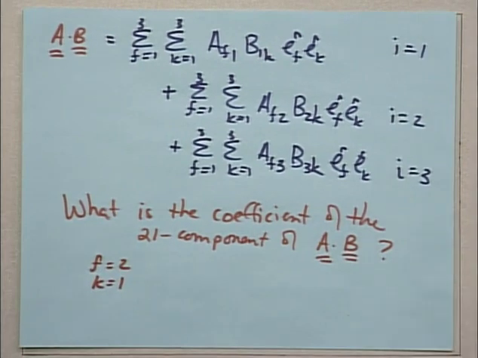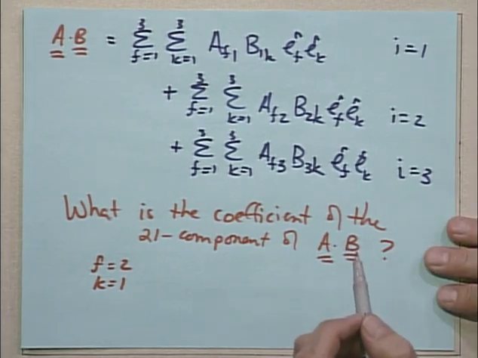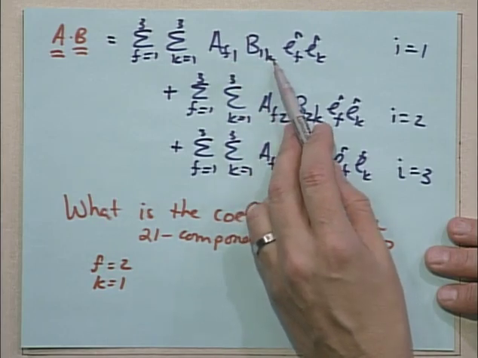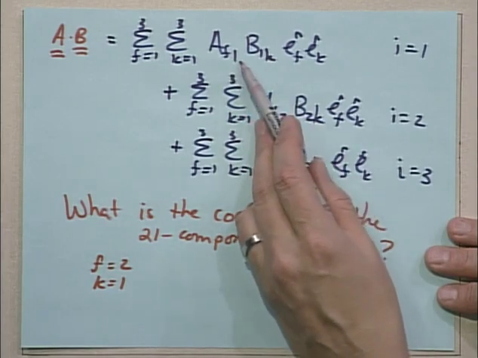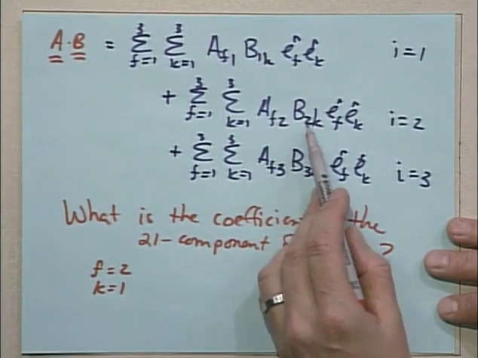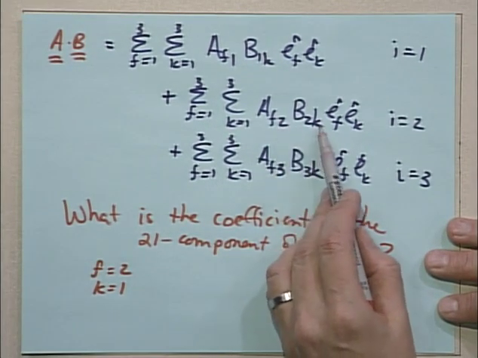We don't have to do the sums. The sums give us the total answer. We're just asking for one particular coefficient. So when F is 2 and K is 1, there's a 2, 1, 1, 2 here. When F is 2 and K is 1, there's a 2, 2, 2, 1.